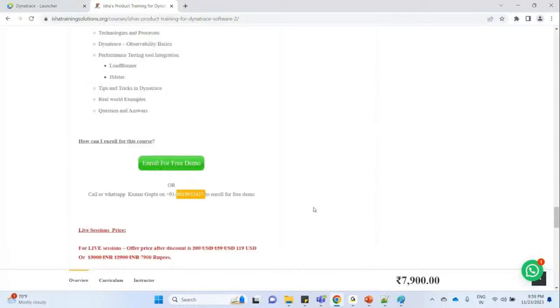When you ask about the product, if I talk about Dynatrace as a product, you can search online and see how big the Dynatrace market is. It's gaining a lot of traction, and it's used in multiple MNC organizations in the Fortune 500 or Fortune 100 list. If you need further clarification on the services they offer, please get in touch with the Isha team.